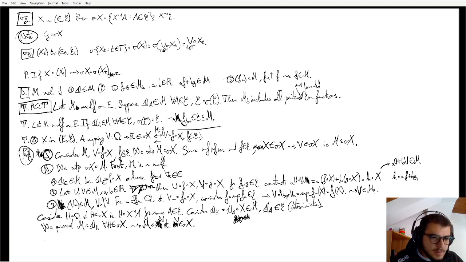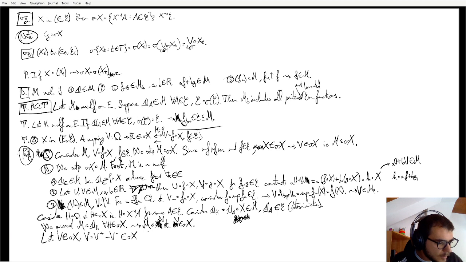And to extend this, we let V be in sigma x, so that we decompose it into the positive and negative part, which are both in sigma x.